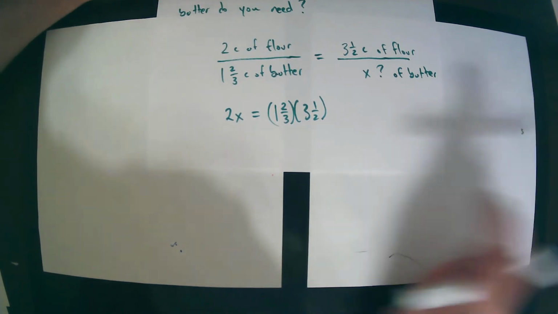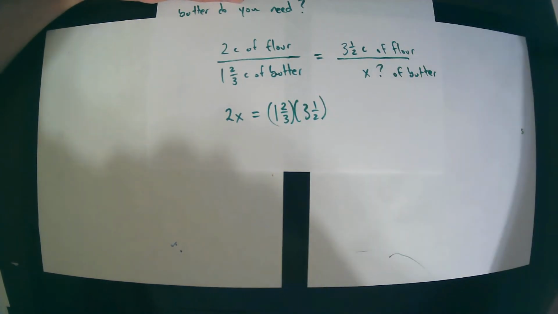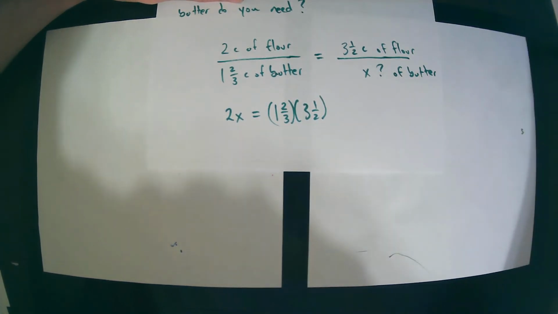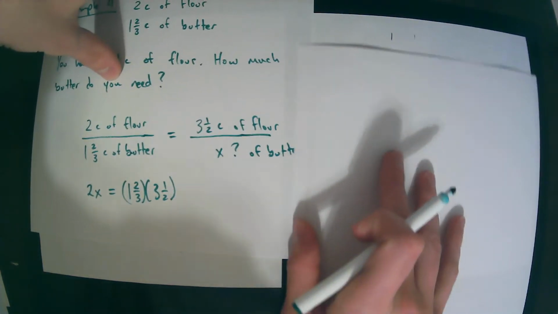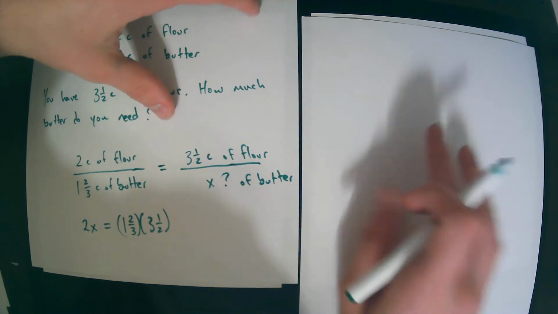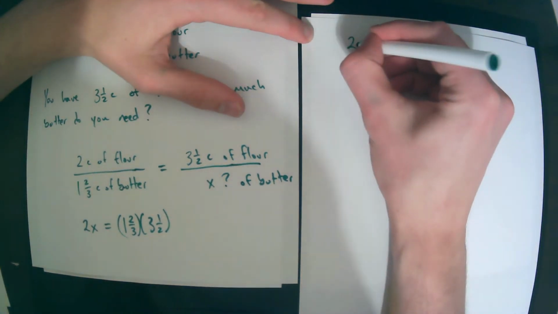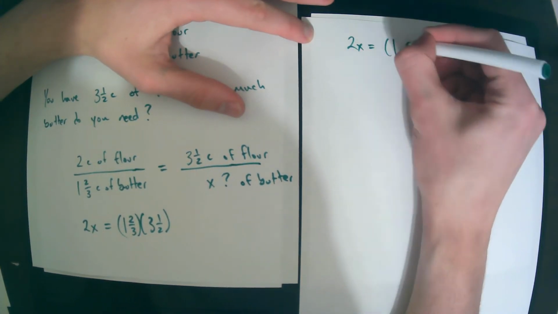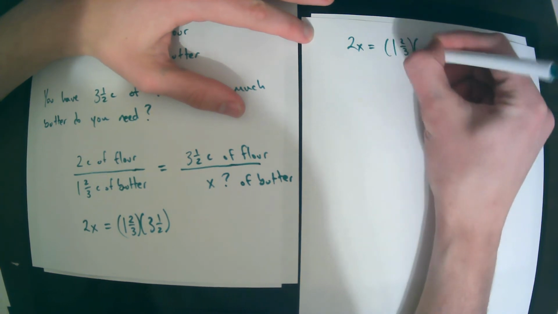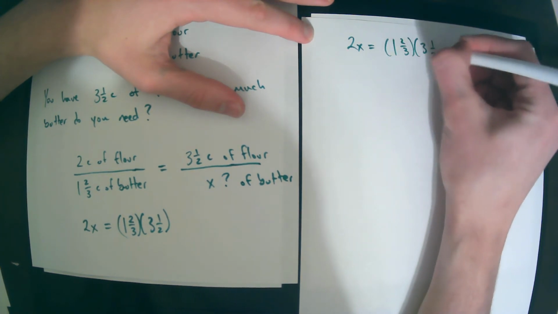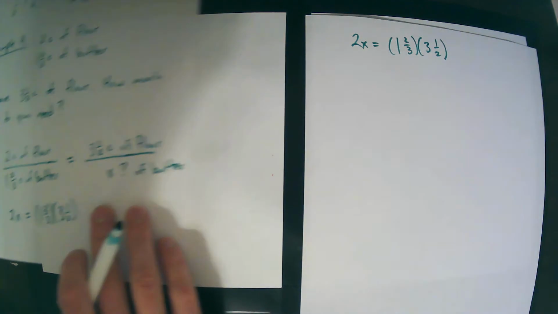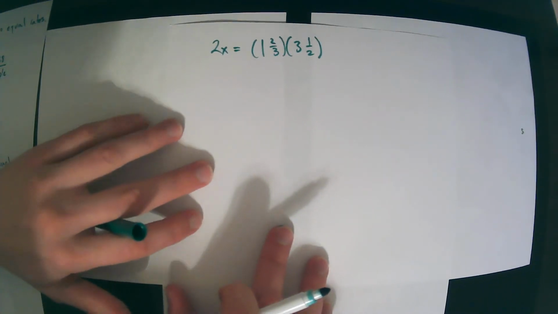Okay, so now clearly I'm going to need to do some fraction multiplication here, which, remember, just make them improper and then multiply straight across. Okay, I'm going to work on this piece of paper.